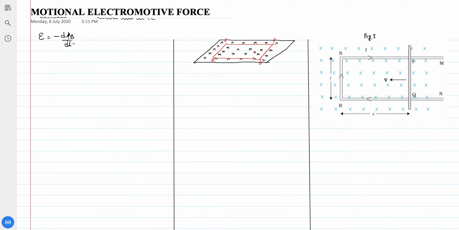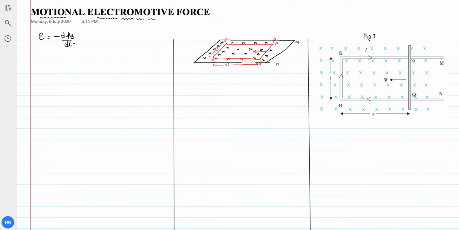So this conductor is moving with some velocity v, and this is enclosing some area over here. This is the length of this part, and this part is just x. You can take it as width or length. It is all up to you. So this part is some M and N. So I have redrawn this figure for you.